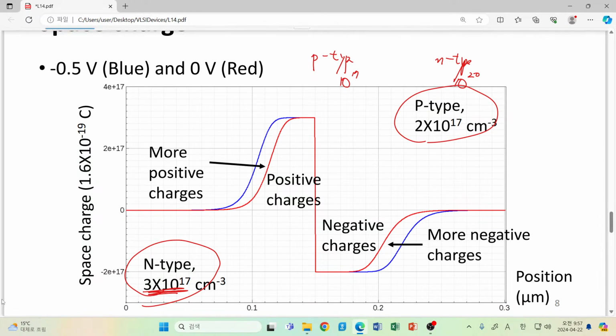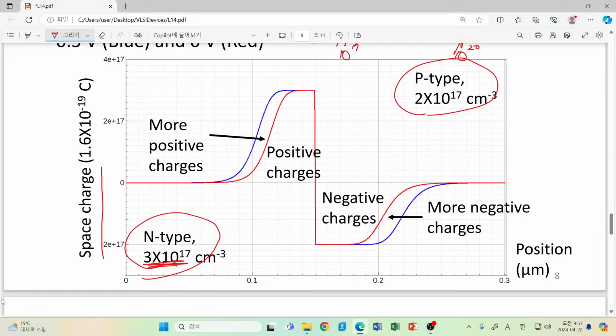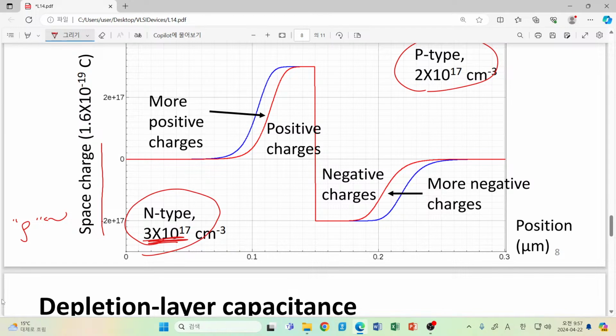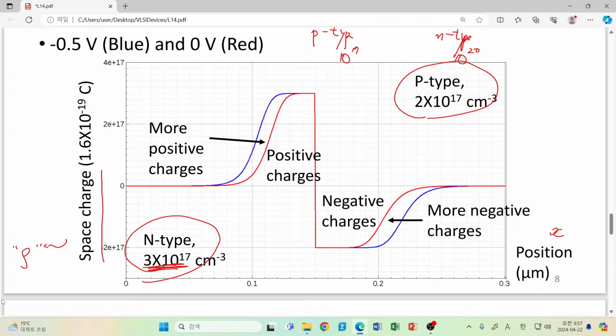Now we are drawing the space charge. What is space charge? It is nothing but our rho, net charge density, as a function of position. This is our x. Now you can see this red curve.